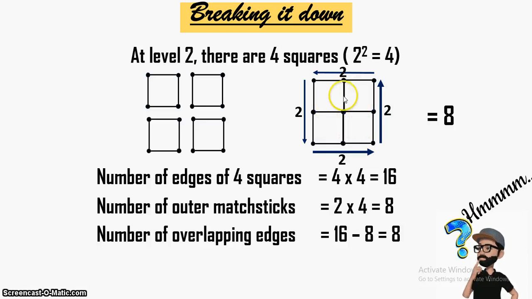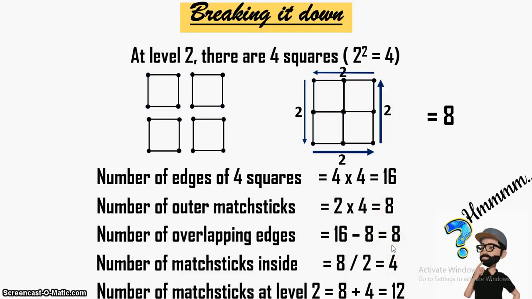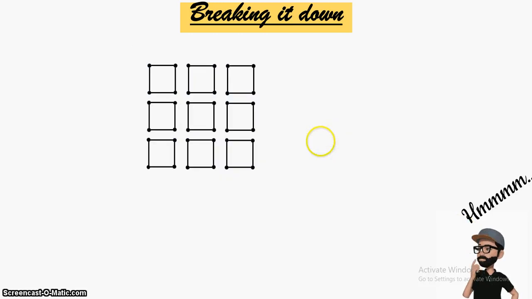You have 2 overlapping. So you divide by 2. So the number of matchsticks inside becomes the number of overlapping edges divided by 2. That gives you 4. So what will be the total number of matchsticks in this pattern? Simply the outer plus the inner. That gives you 12. Let's use the same reasoning for level 3.